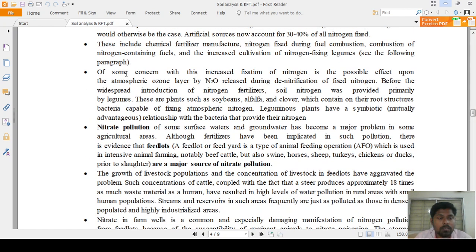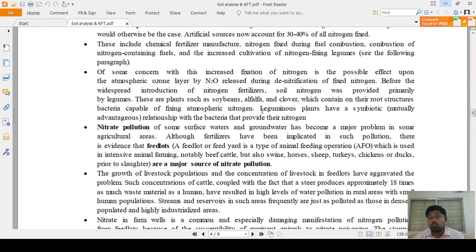What are legumes? Some concern with the increased fixation of nitrogen is the possible effect upon the atmospheric ozone layer of N2O, released during the denitrification of fixed nitrogen. Before the widespread introduction of nitrogen fertilizers, soil nitrogen was provided primarily by legumes. These are plants like soya beans, alfalfa and clover, which contain on their root structures bacteria capable of fixing atmospheric nitrogen.